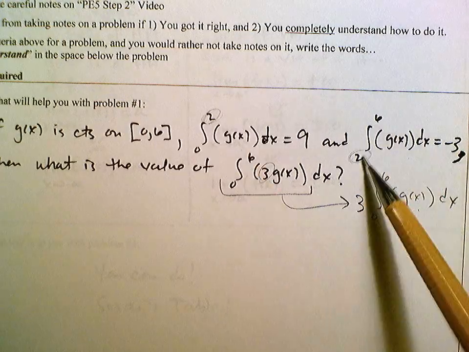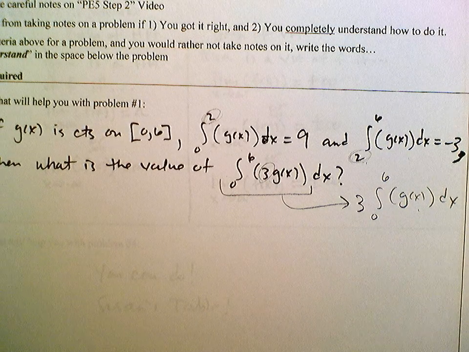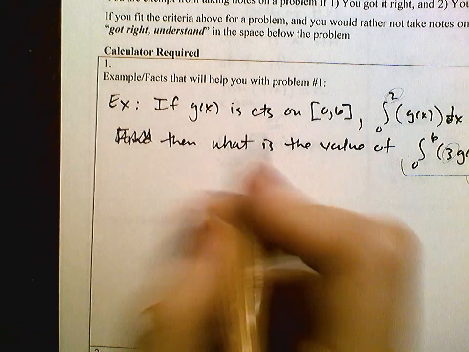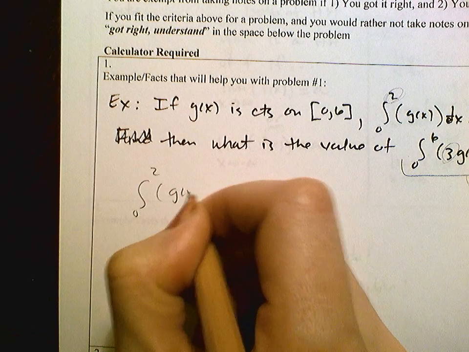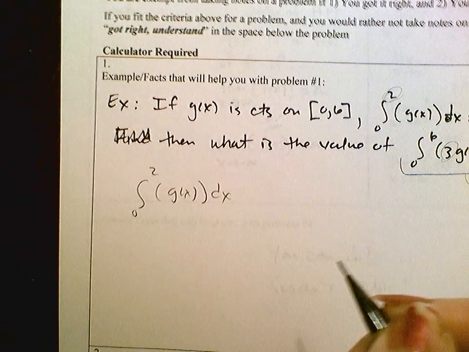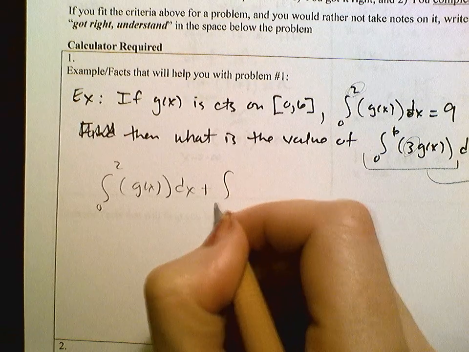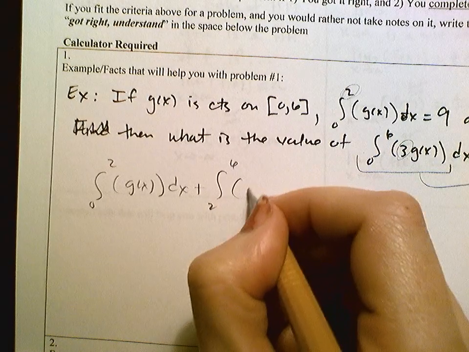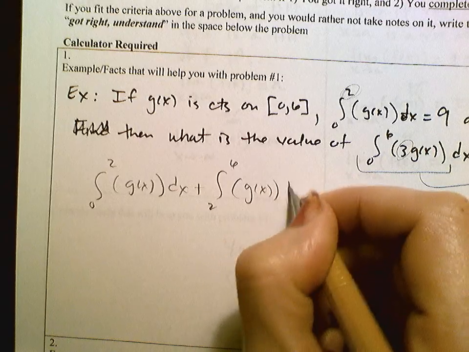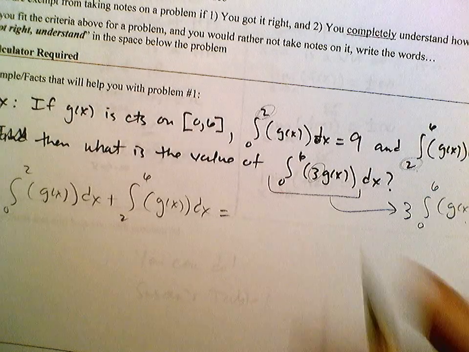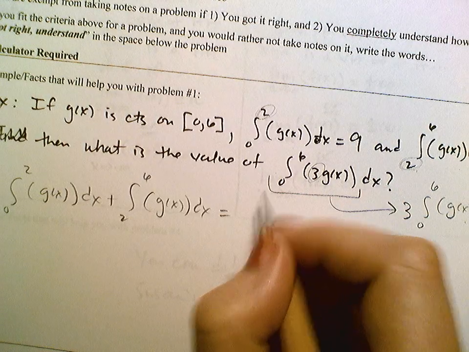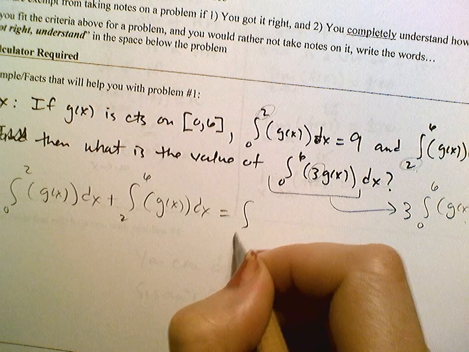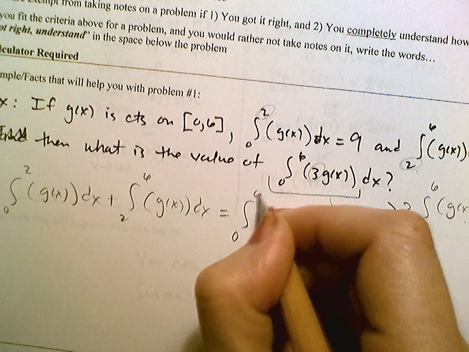Okay, so if these match, then you could put the two integrals together. That's called additivity. All right, so I could say the integral from 0 to 2 of g of x plus the integral from 2 to 6 of g of x equals the integral from 0 to 6 of g of x.